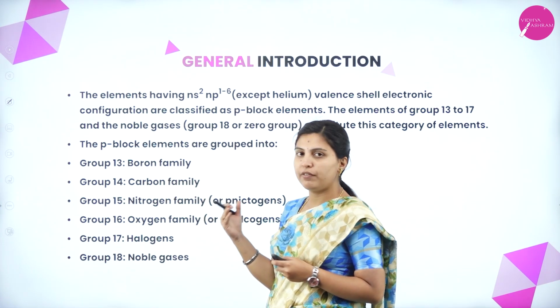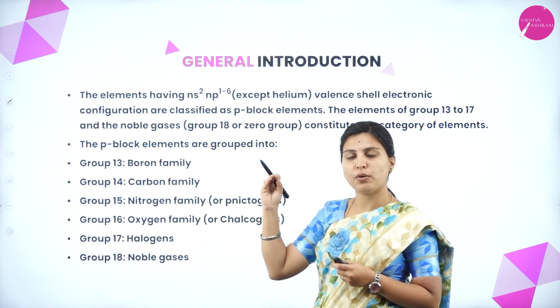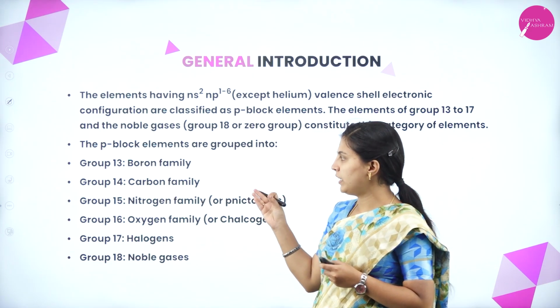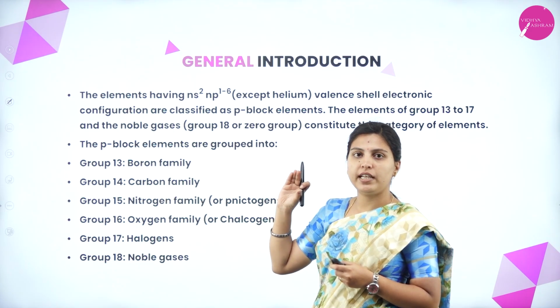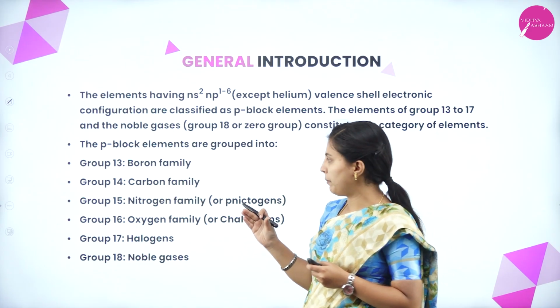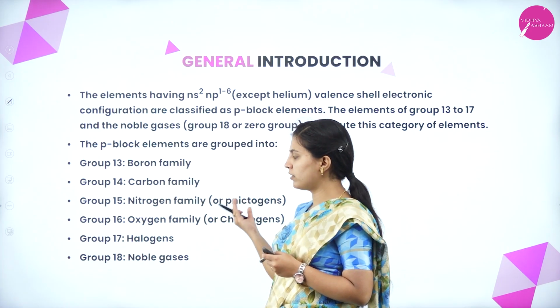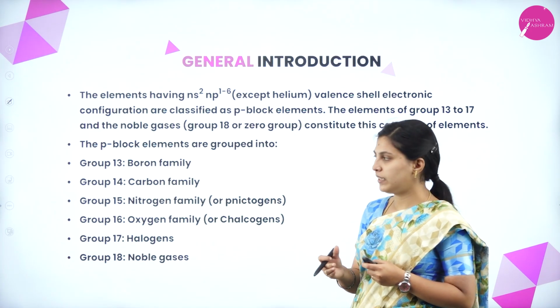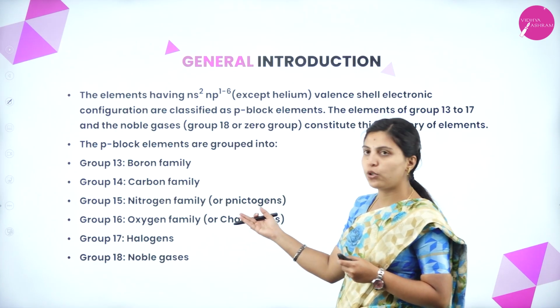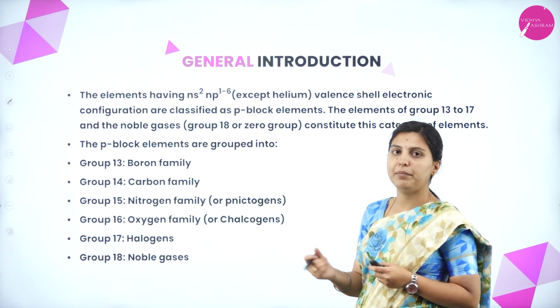This is called the boron family because the starting element from top to bottom in group 13 is boron. Next carbon, carbon family. Next nitrogen, nitrogen family. Oxygen, oxygen family. Like this, overall 6 groups are there in the p block.